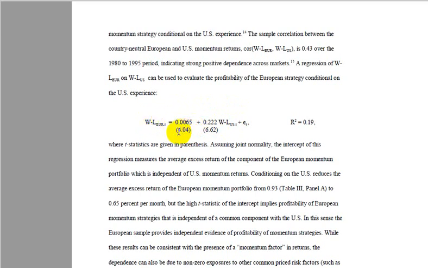However, what we do see is that the t statistic is fairly high, so we conclude that the European momentum strategy returns are not fully explained by the U.S. momentum strategy, but instead there are some other components or factors that cause that return in the U.S. and the European market.